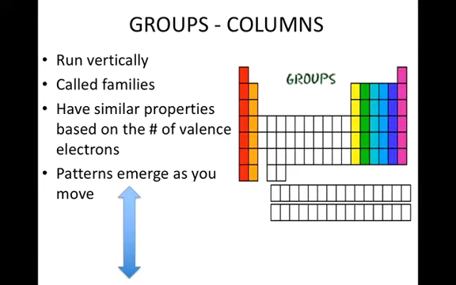Everybody in group 1A are called the alkali metals, and they have one valence electron. We're going to be looking at different patterns that begin to emerge as we move from top to bottom in a group. You'll notice here that the D block and the F block are not included in my group names. These don't follow the general patterns or trends, so we exclude them from our group descriptions.